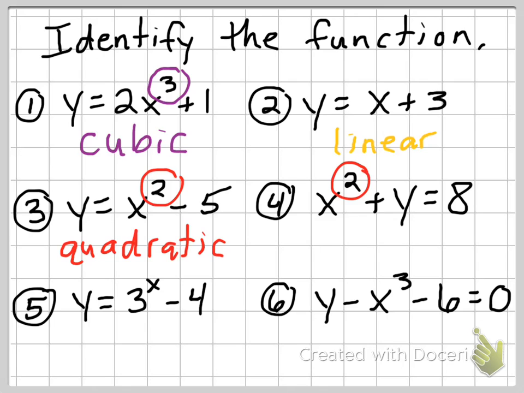Now, it looks a little different from this one. This one had y equals x squared. This one has the x squared in the same size as the y, but that doesn't matter. If there's an x squared, then it's quadratic, as long as it's being added or subtracted to the y and not multiplied. But if you see an x squared, then it can't be anything other than quadratic.